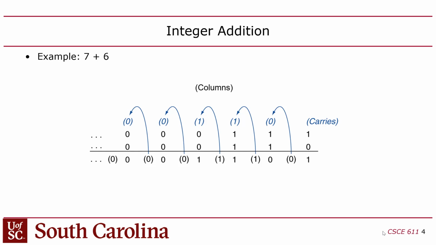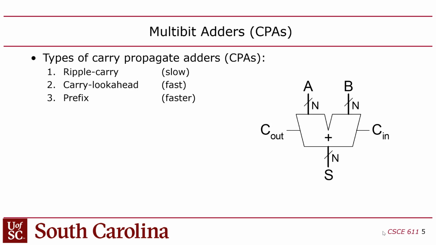So when I say previous, I mean the right or less significant column, right? And then you can carry out to the left column. Make sense? Everyone with me? Okay, so that's the challenge with an adder, is that you've got these carry-ins and carry-outs that you have to deal with.